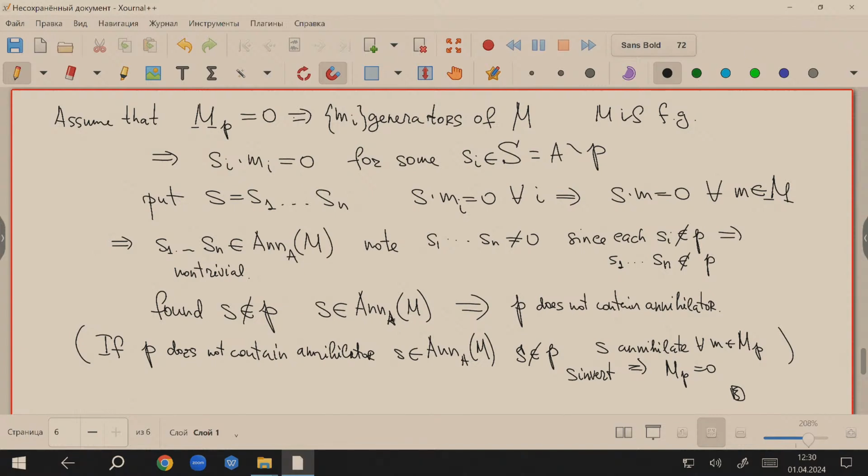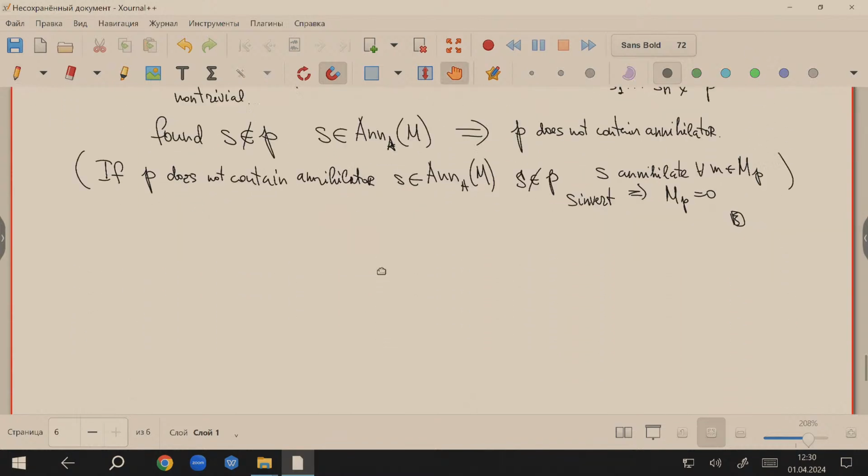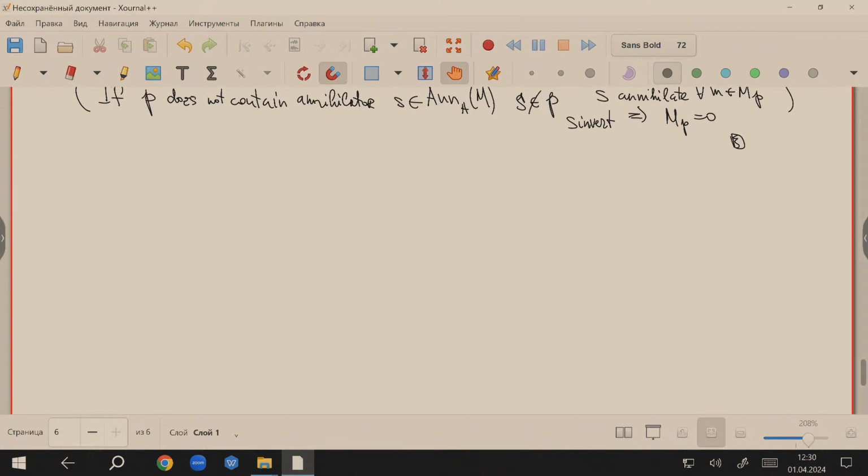And now let us move to primary modules. So let us study primary modules, primary submodules. Let us recall the definition.